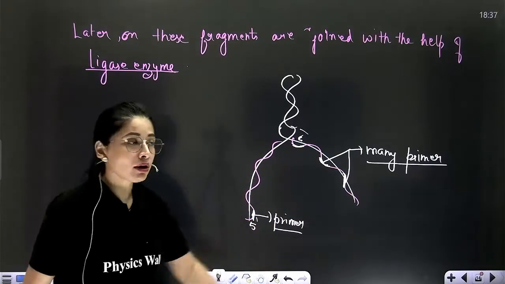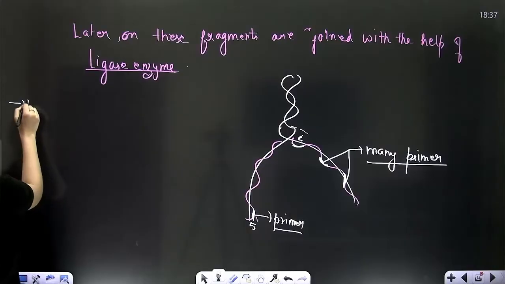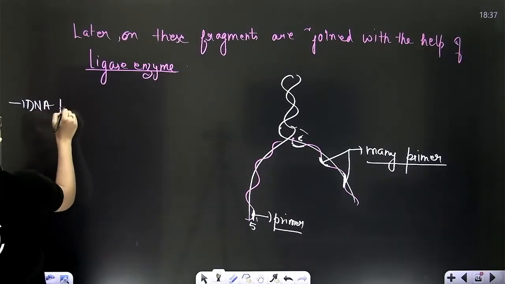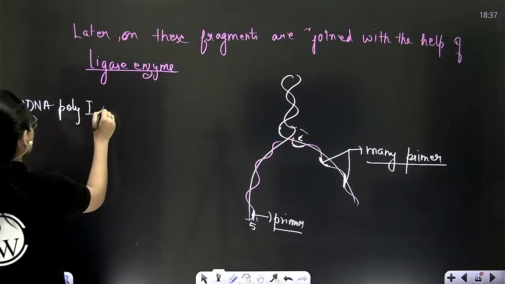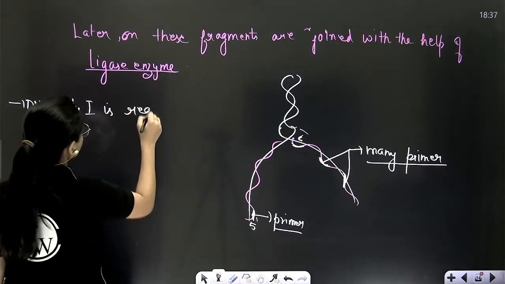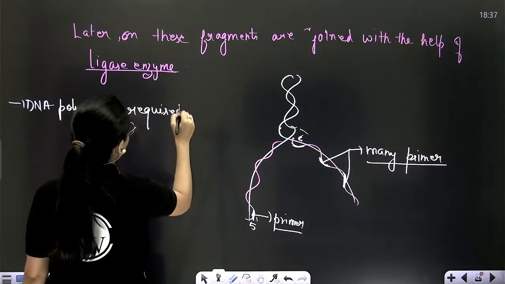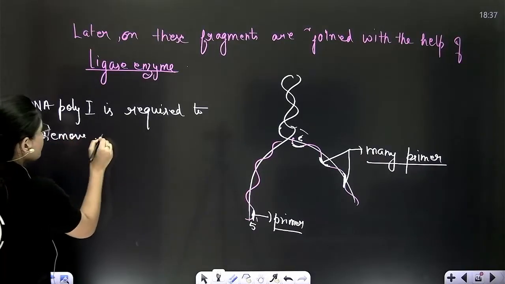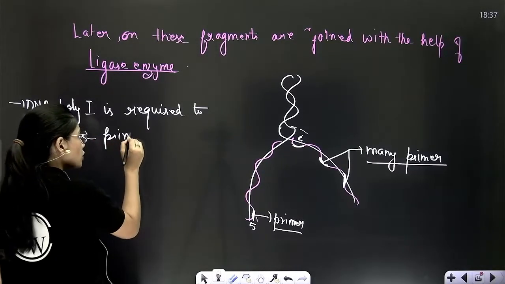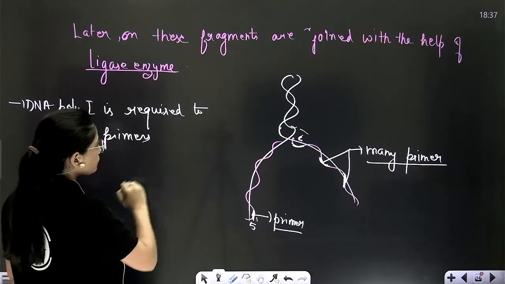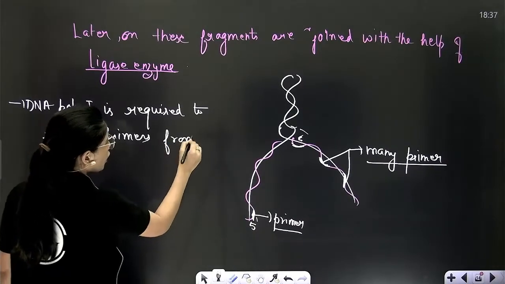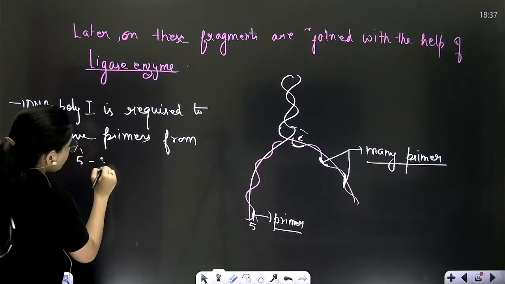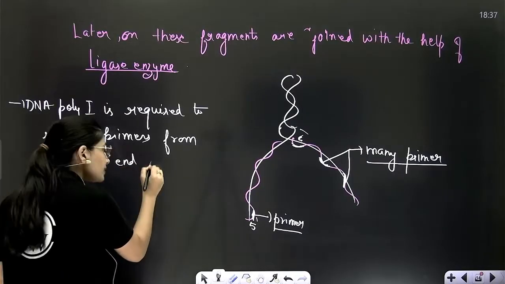So now DNA polymerase 1 will come. Now DNA polymerase 1 is required, beta, to remove primers.